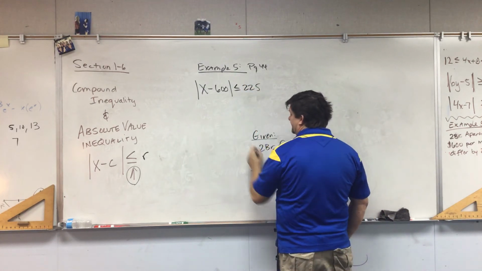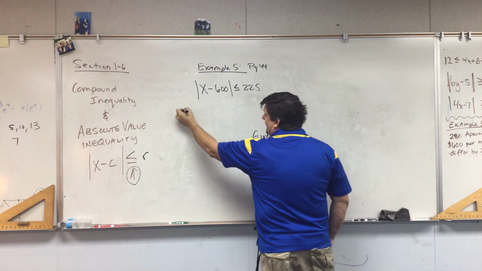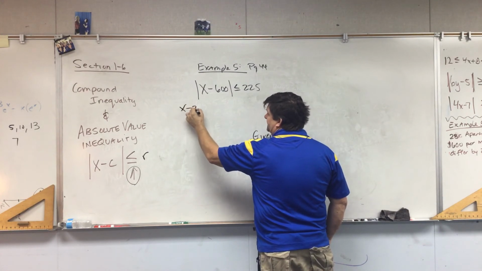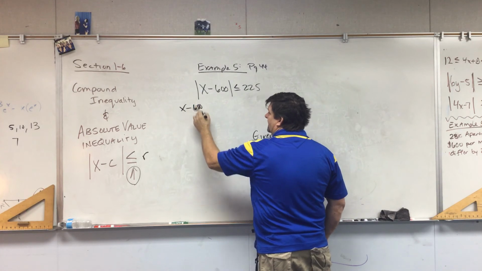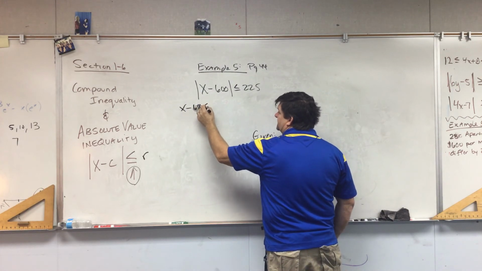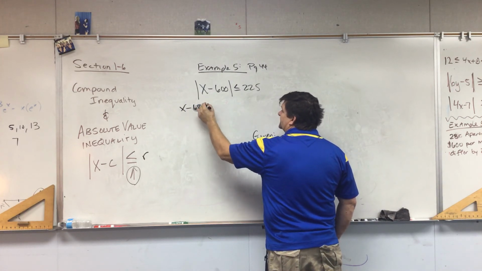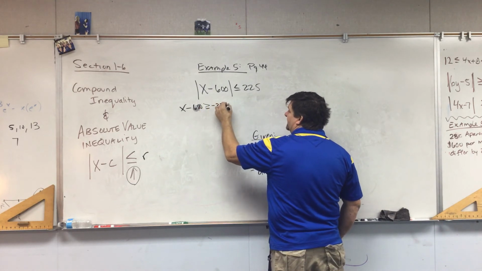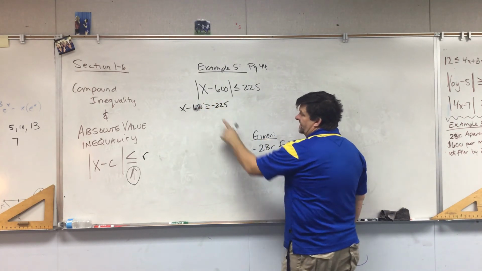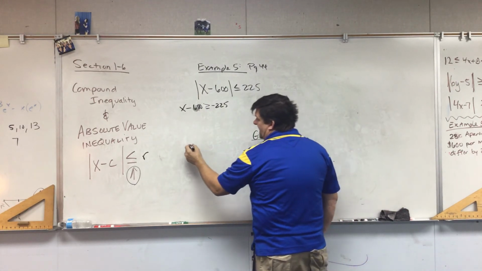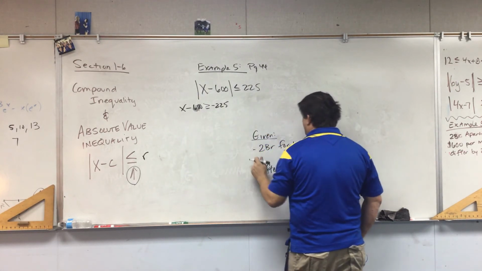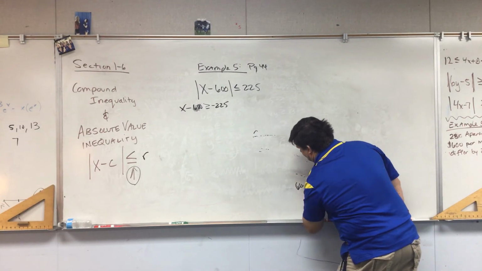So if I solve each of these, I get x minus 600 is greater than or equal to negative 225. That's my left side. So my left side includes the negative, and I have to flip the inequality. And then I also have my right side.